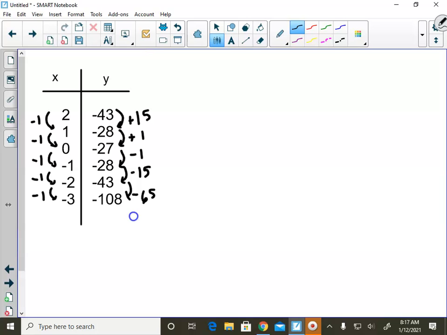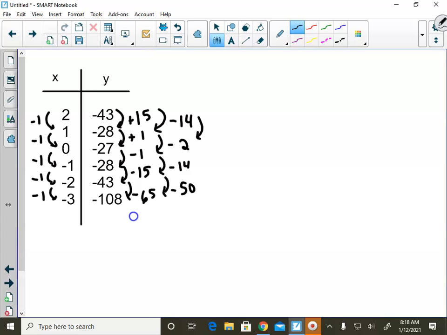So let's go to our next column. Going this way now, we can see we subtracted 14 there. Here we subtracted 2. Here we subtracted 14. And here we subtracted 50. Okay, so still not good. So let's see what happens here.